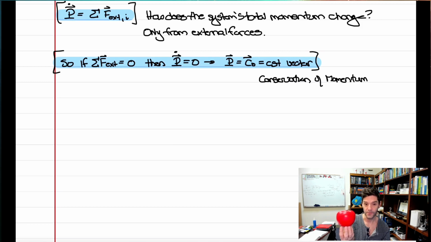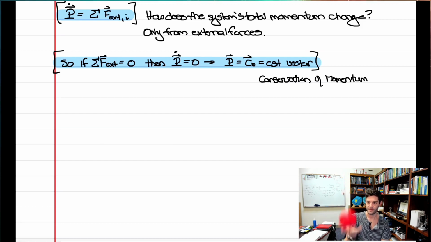If one of those forces goes away, like if I were to remove my hand, then of course there is a net external force on the apple, just gravity pulling it downward. Its momentum then changes to go from zero to having some downward non-zero momentum as a result. So it's all about the net external force. Similarly, I cannot say, if my system is the apple, that momentum is conserved if I'm just tossing it up and down in the air.